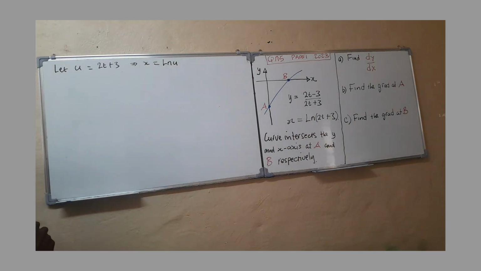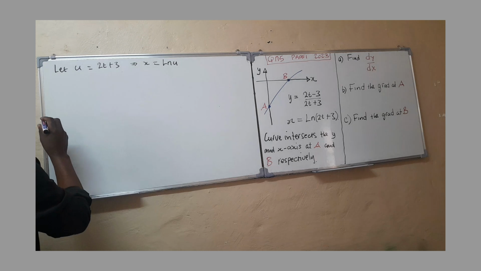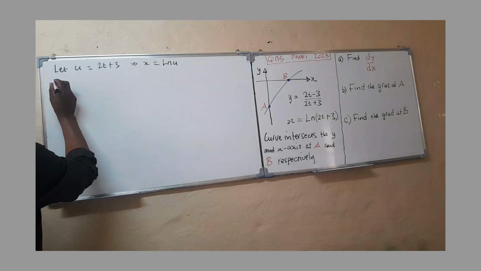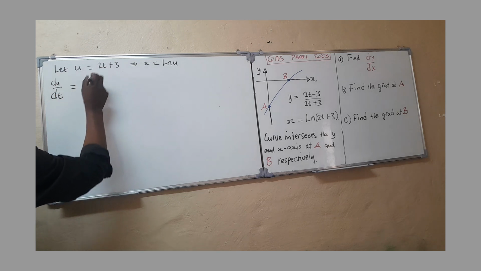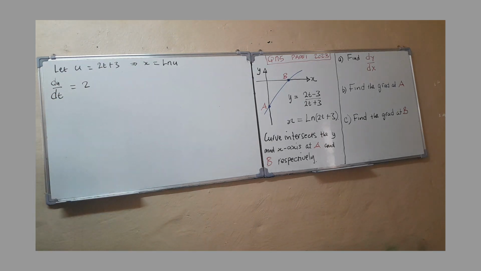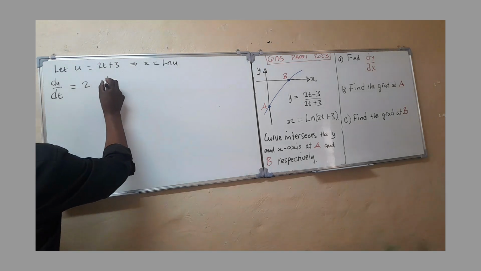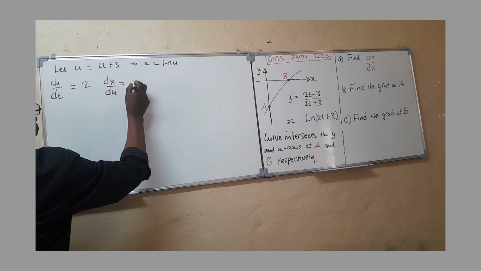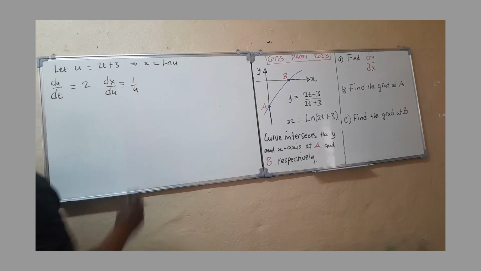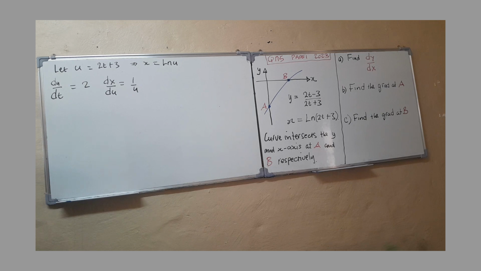So what is du/dt? du/dt is equal to just 2. What is dx/du? dx/du is equal to 1 over u. What is dx/dt?